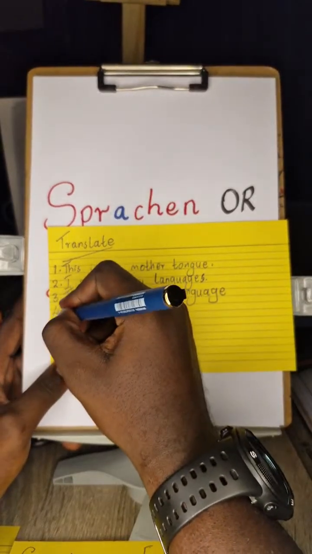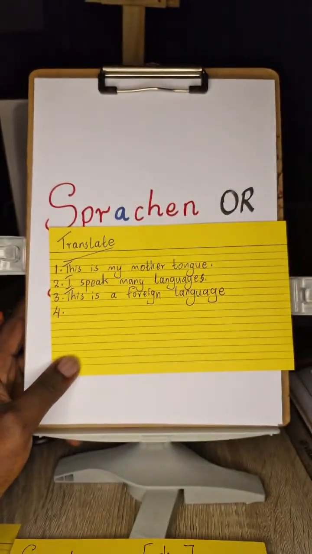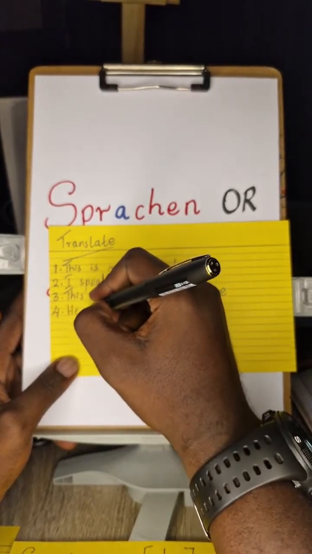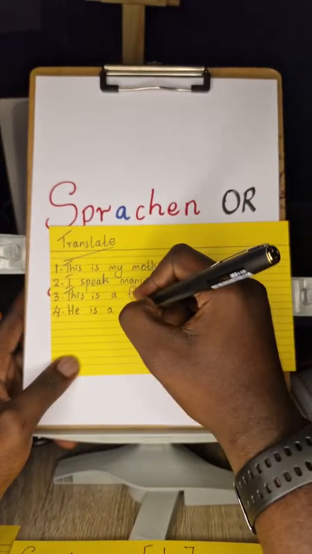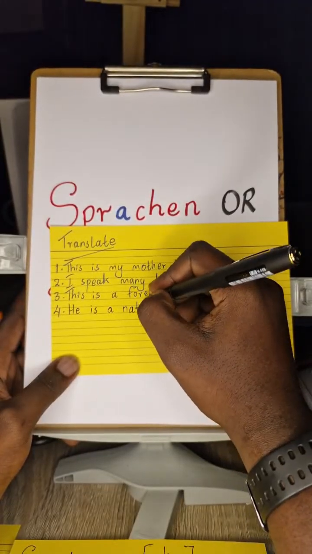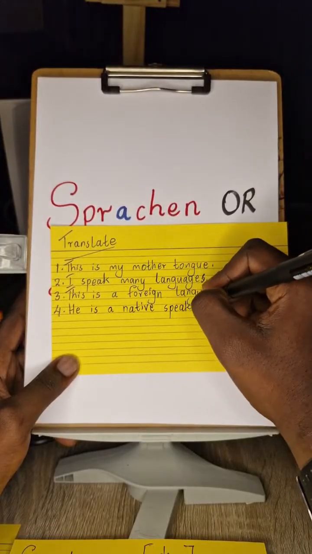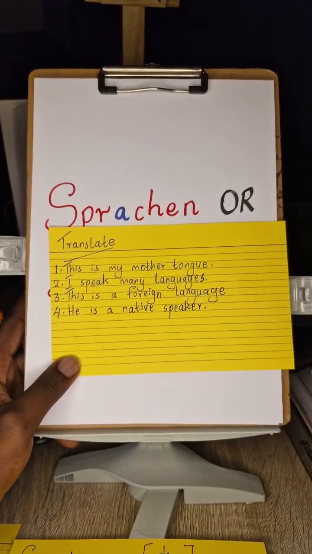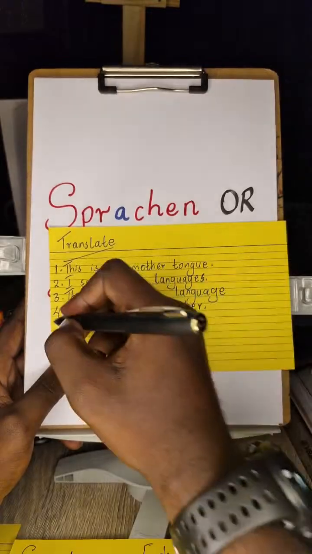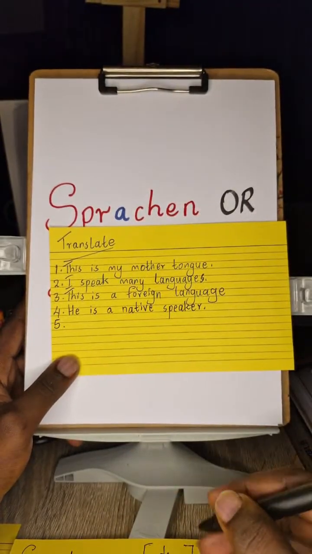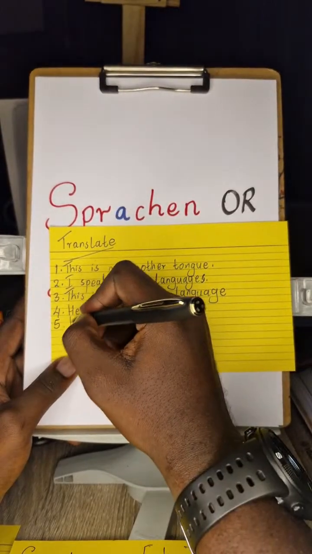Number four, how would you say that he is a native speaker? He is a native speaker. Then the last one, now you want to ask somebody a question.